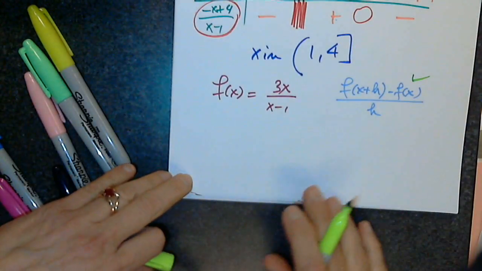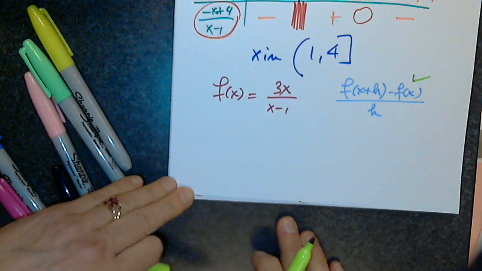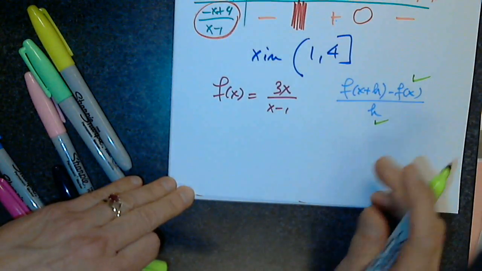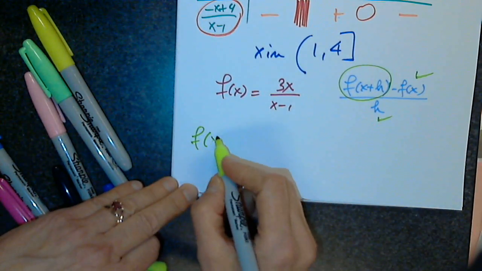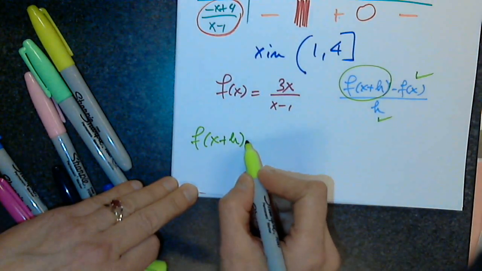I do have f of x indeed. What else I have? Sort of. So obviously I have to start here. That's my starting point. Can anyone dictate f of x plus h?